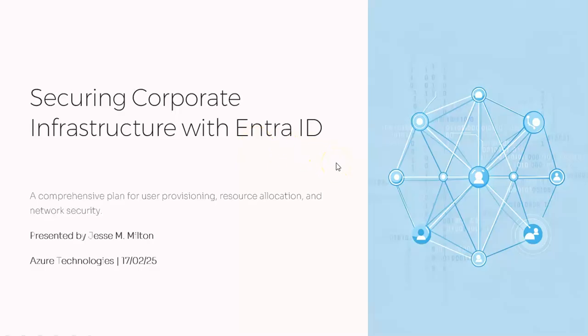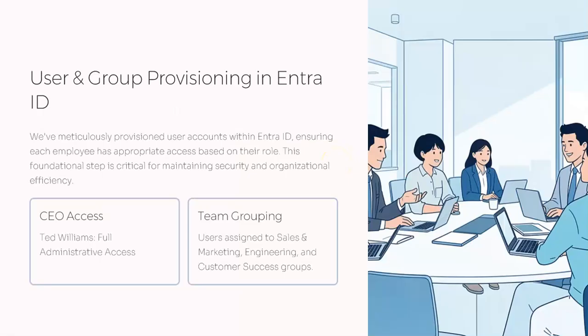So here for the users and group provisioning in Entra, the foundation of this infrastructure begins with identity and access management using Entra ID. All users were individually provisioned and assigned access based on their organizational roles.